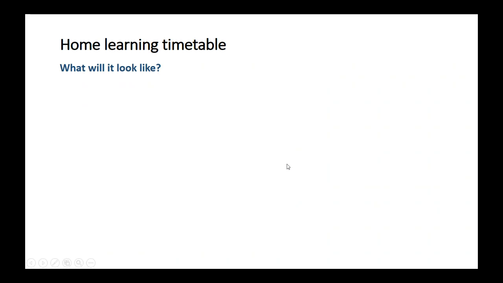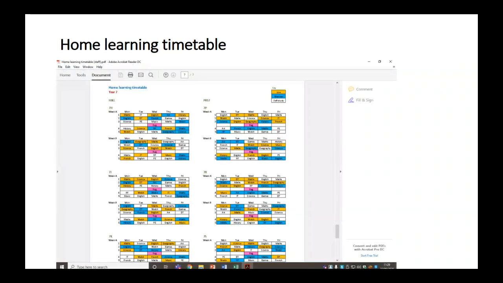Now, attached to this presentation is a summary of all the timetables for each form group as necessary, so you'll be able to check when your son or daughter has a live lesson or webinar or a period of self-study. If you're in Key Stage 3, in order to find out what that timetable looks like, I've just shown an example here.